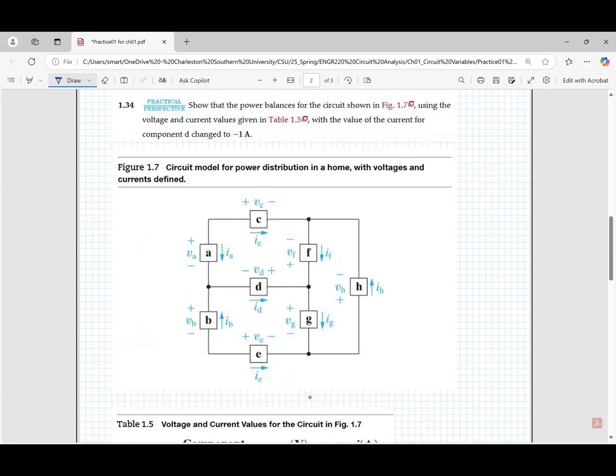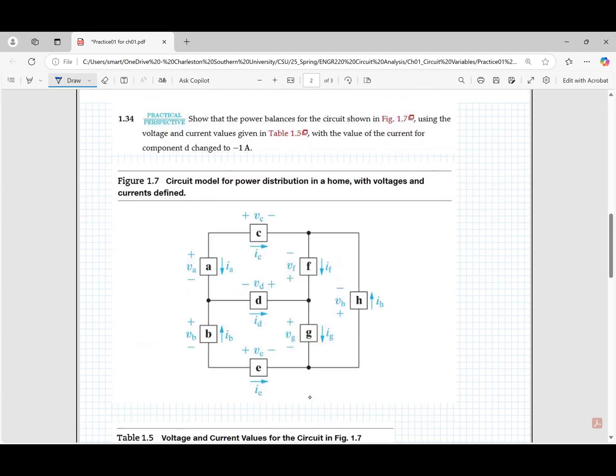All right, the second question. Show the power balance. That question deals with the power balance from the circuit shown in figure 1.7, using the voltage and current values given in table 1.1.